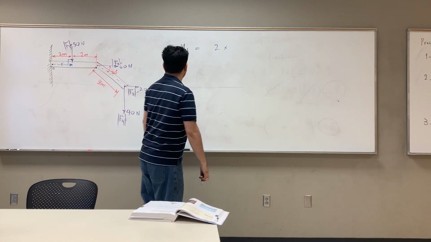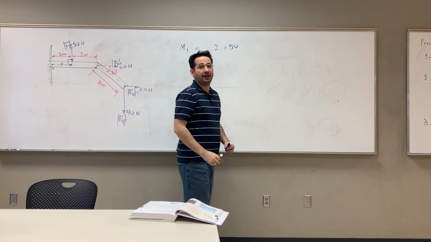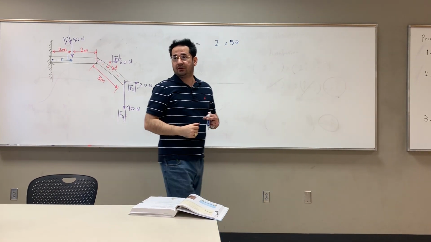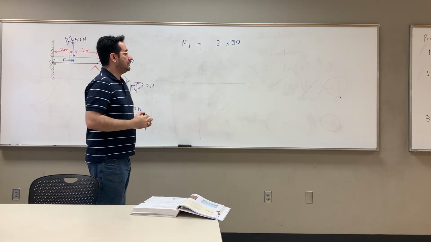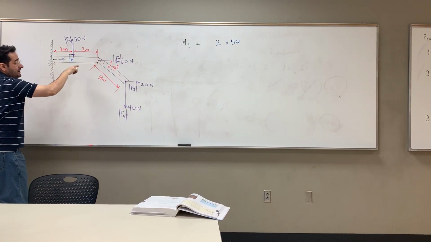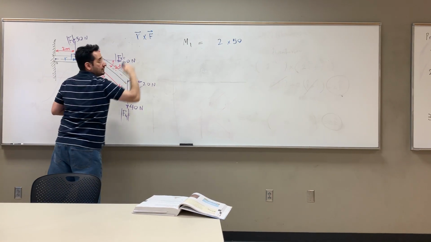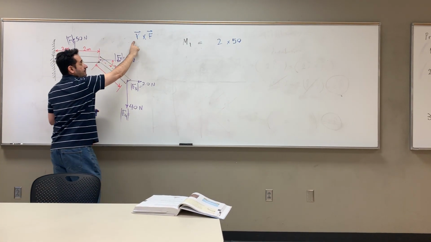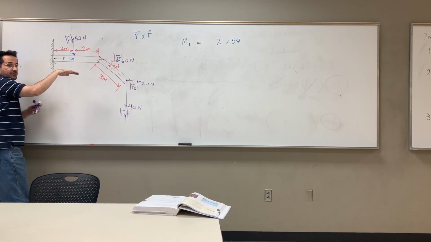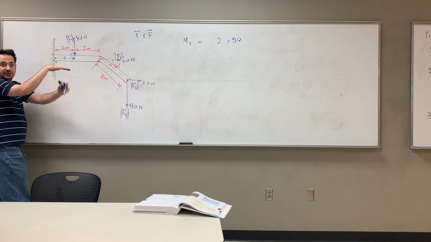What's the magnitude of force? 50. Positive or negative? Now this is just magnitude, right? Positive or negative? Take your right hand. First, because this is R cross F, right? First one from left to right, fingers. Go to R. Palm will be showing F. F is going down, right?